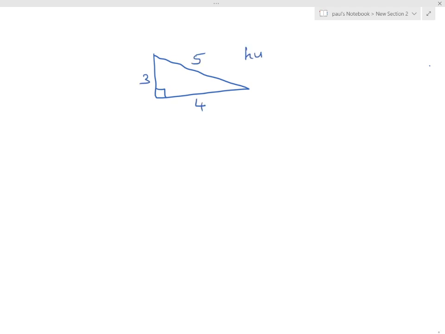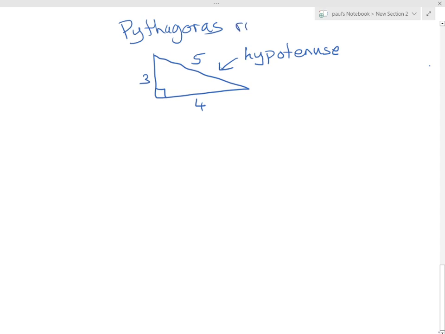Now the longest line here is always called the hypotenuse, and it's the one that's opposite the right angle, and this is Pythagoras for right-angled triangles only.